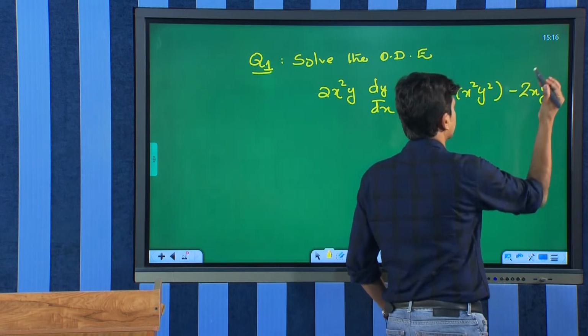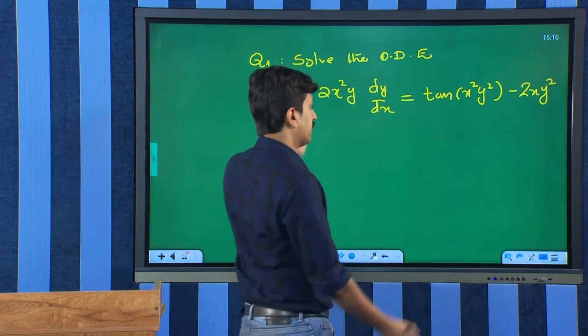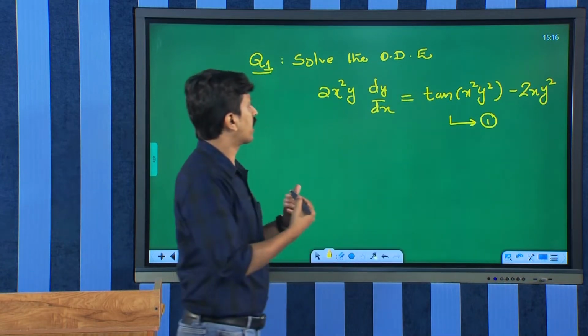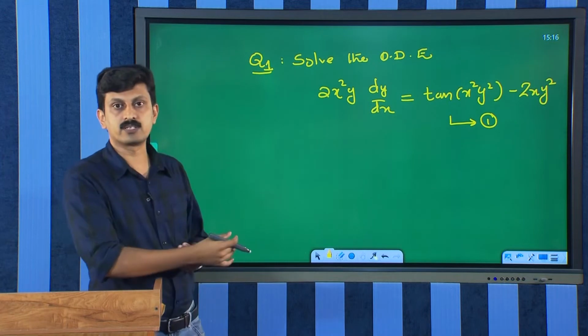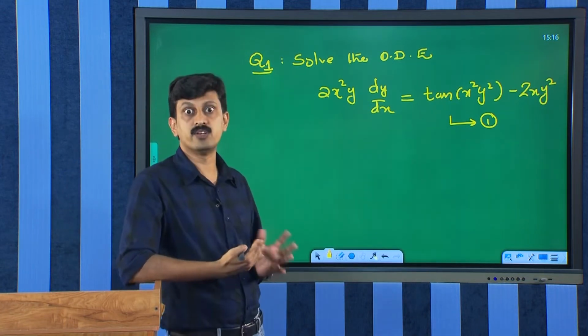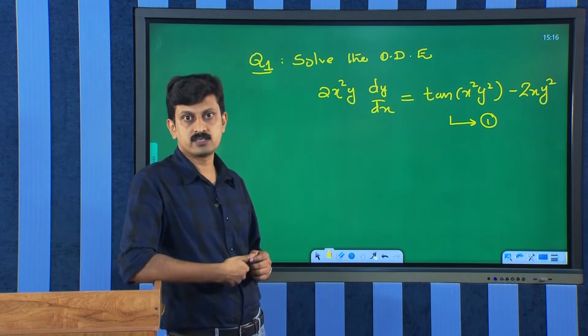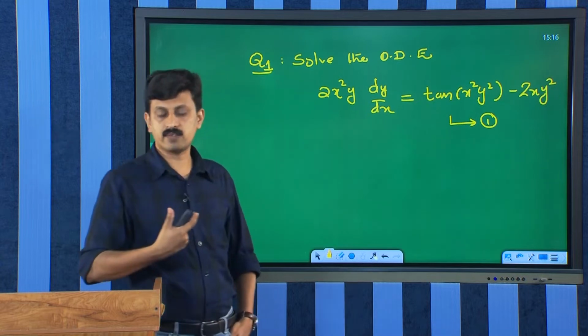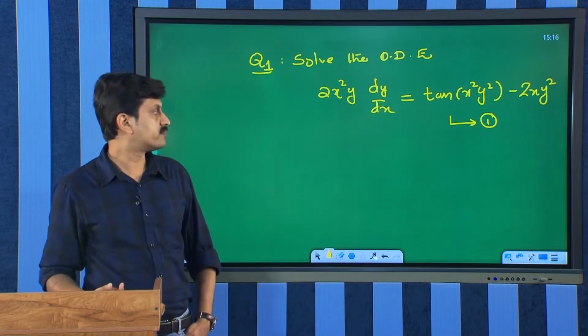This is the differential equation 1. While evaluating this differential equation, by seeing it itself we understand that it is too difficult to separate the variables. So, our aim is how we can separate this by substitution.